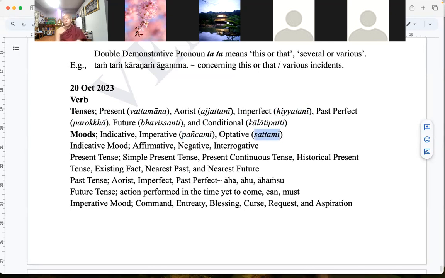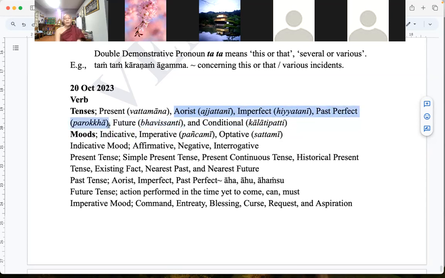Now, present tense. Here, aorist, imperfect, and perfect are actually past tense, so we call them past tense. So there are 3 past tenses, and then future tense, and the conditional is Kalatipatti. The 3 kinds of past tense are Ajjatani, imperfect Hiyyattani, and the past perfect Parokkha.